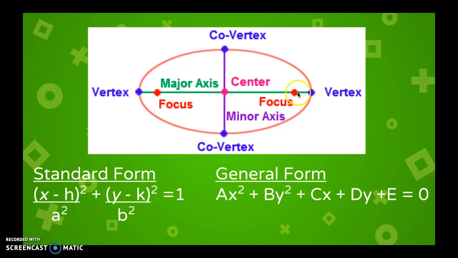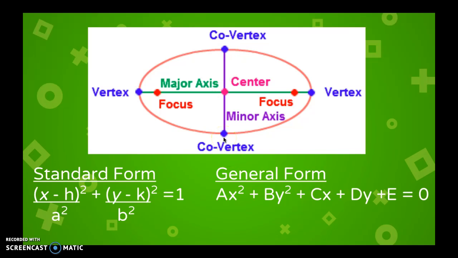What lies on the major axis are the foci. The focus points, we've got one here in red and the other also in red, and then the vertex also lies at the end of the major axis. On the minor axis, at the ends we just have the co-vertices, a co-vertex and then another co-vertex.